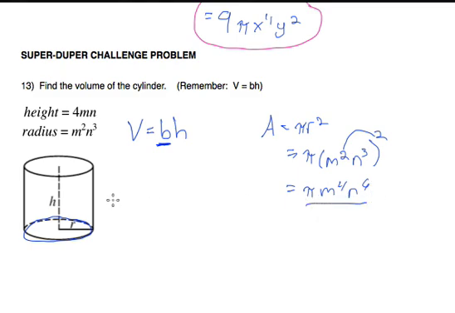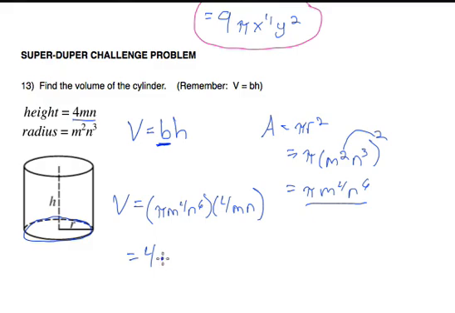So volume equals, we know what the base is now, pi m to the 4th, n to the 6th, times the height. Now what's the height? 4 times m times n. 4mn. This is just one big multiplication problem. Let's rewrite it so it makes sense to us.